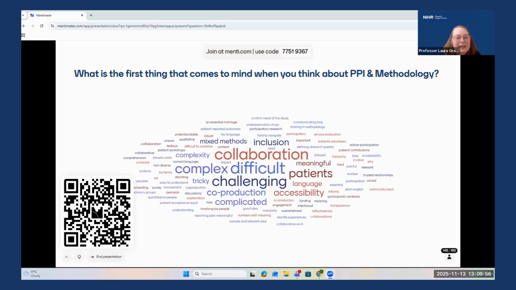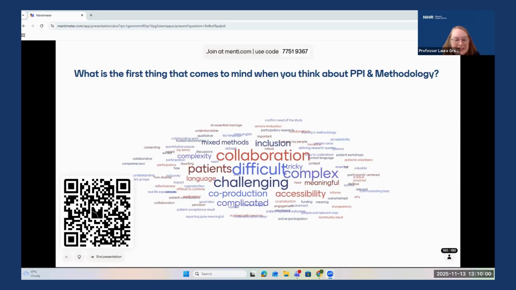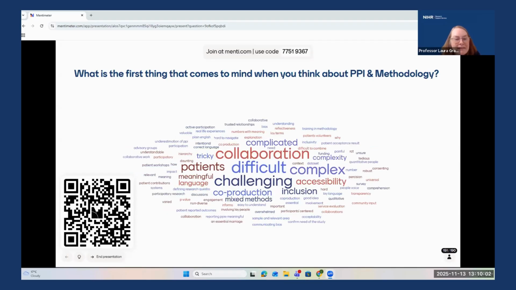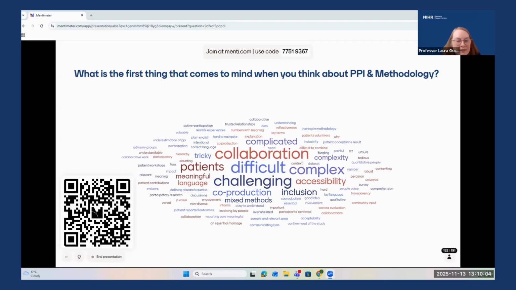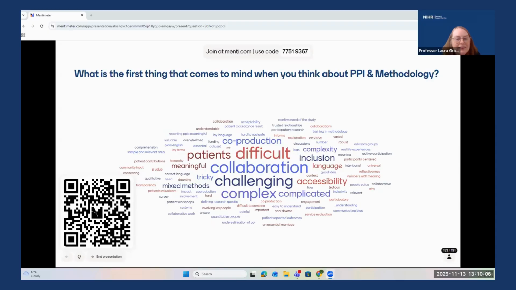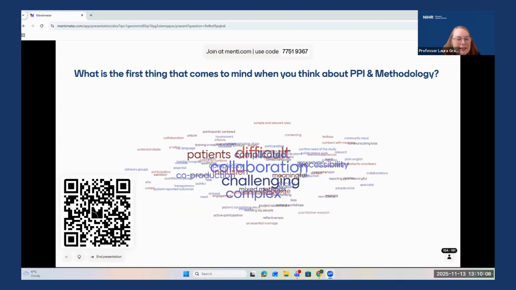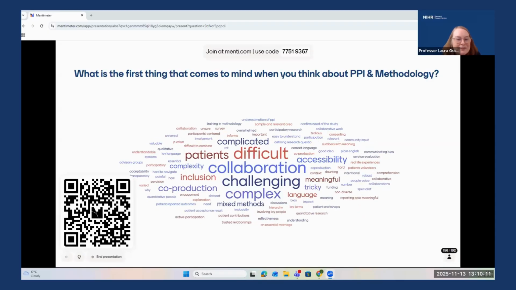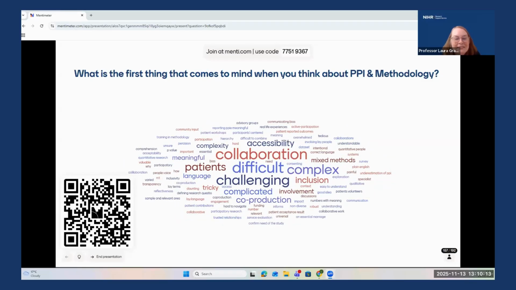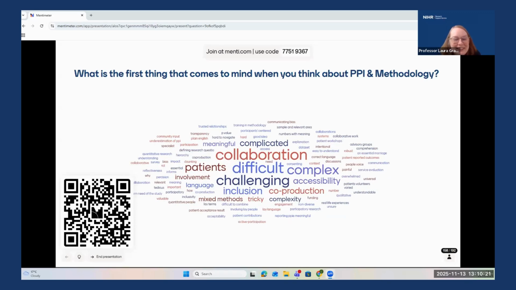Collaboration, I really like that collaboration has come up. Complicated, accessibility. Great. Difficult to combine. An essential marriage, I like that one. I think it's an essential marriage, but we shall see when we get to the end.